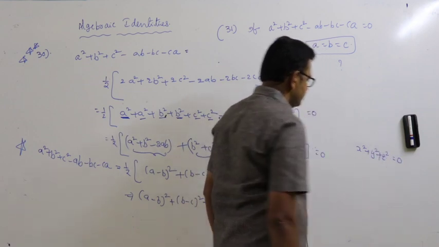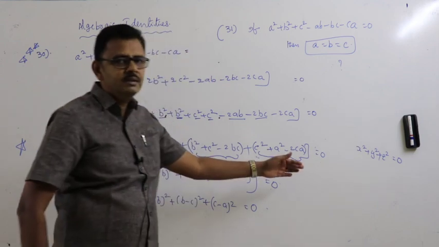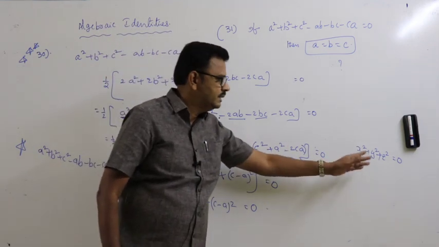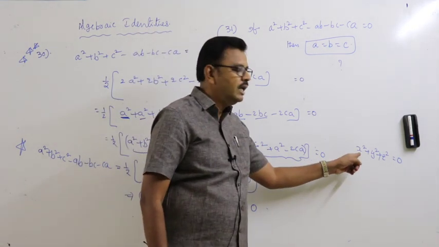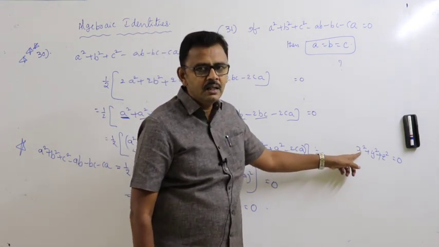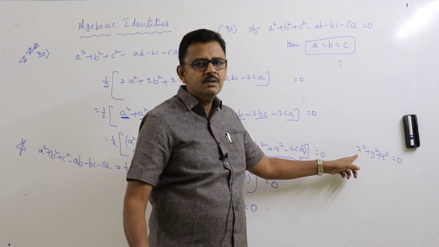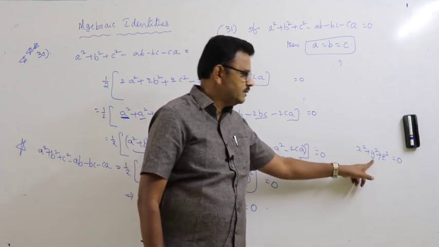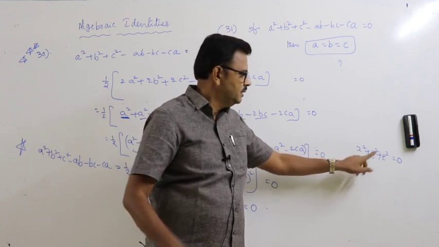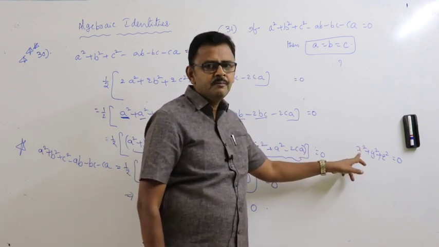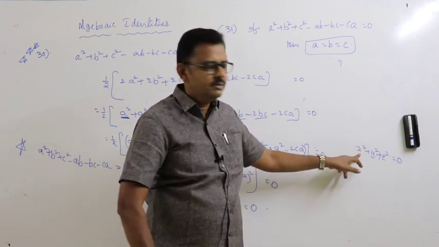When is it possible? For what values of x, y, z is it possible? X square is always greater than or equal to 0. It is 0 or always positive. Y square is maybe 0 or always positive, because if you take x equal to minus 1, whole square is plus 1.